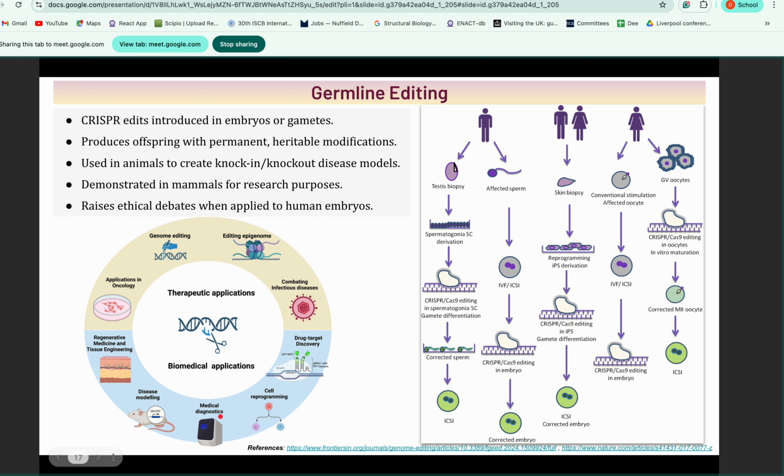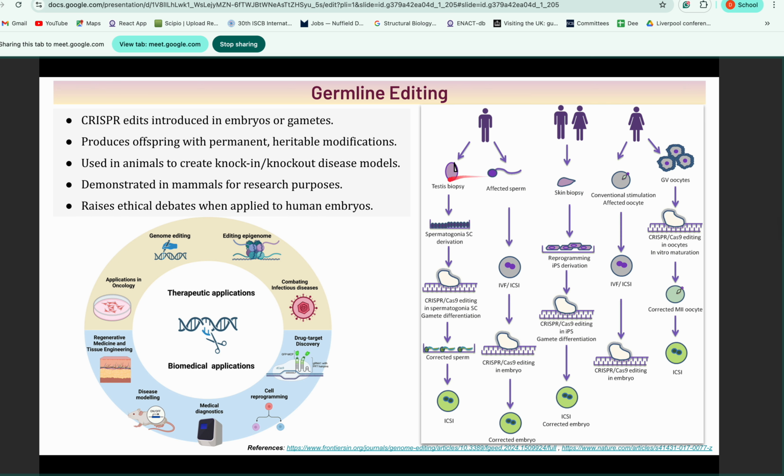For example, if I have a sequence of some virus, and if I use that CRISPR thing and enter it into the host, it will only bind if that complementary sequence is present. So if it is binding, that means I can identify that yes, this virus has attacked the person. So in that way, we can do diagnostics. Then cell reprogramming, we can reprogram the cells, and drug target discovery are the other applications of CRISPR-Cas9 technology.